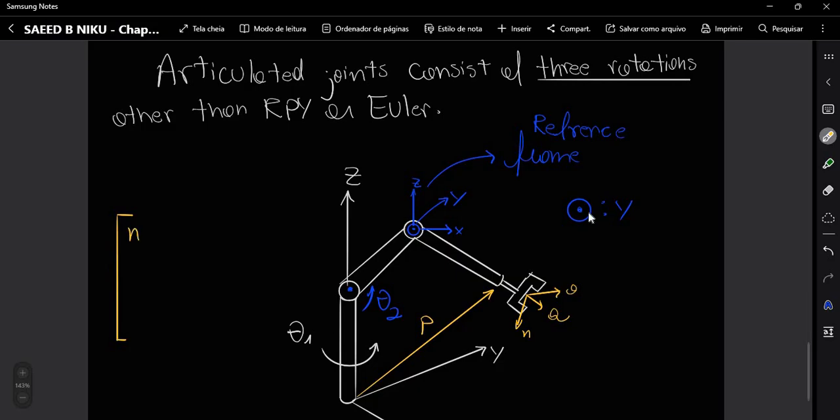And as we are using this, now let me name this. This is also a reference, but also the moving frame.